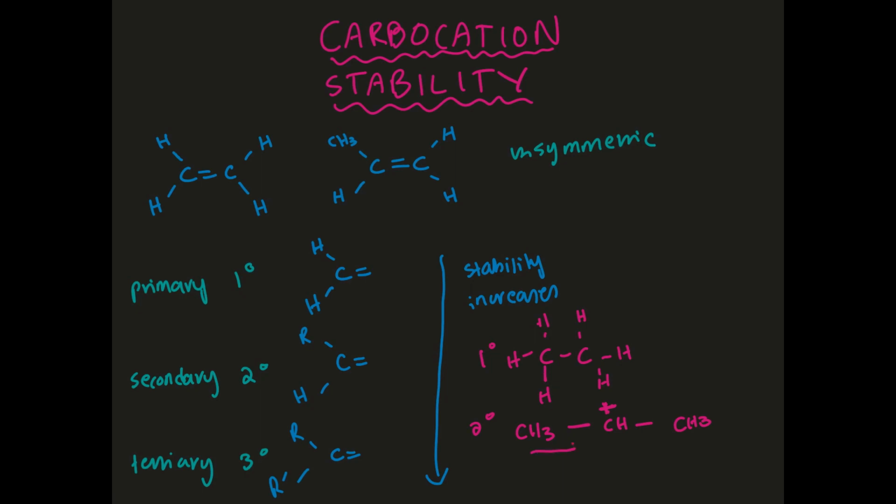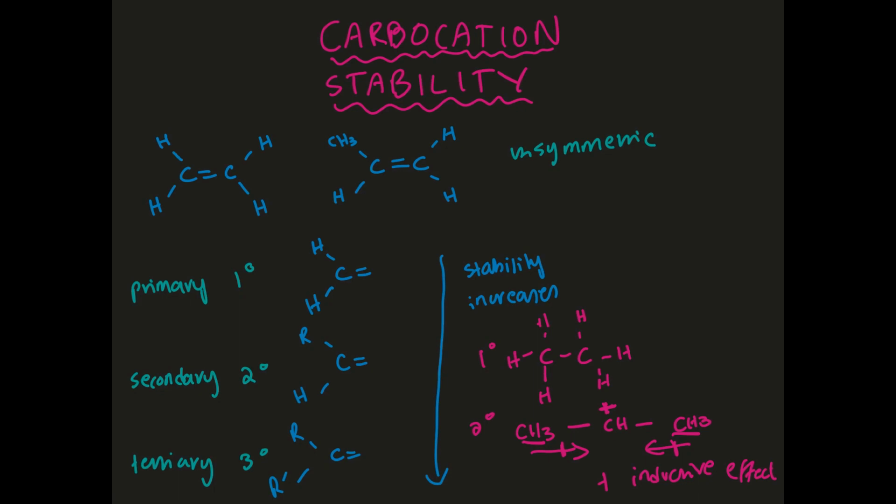So in this case, the electron density of the alkyl groups over here is going to feed towards this positive charge, and this is going to lower the overall value of this positive charge. So this is known as positive inductive effect. As you go down this arrow, the positive inductive effect is going to increase in this case.